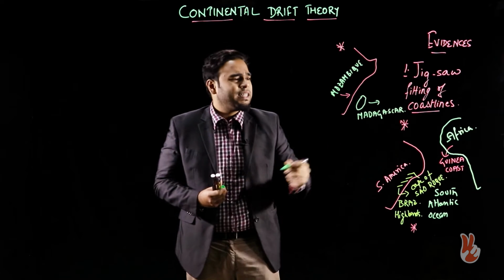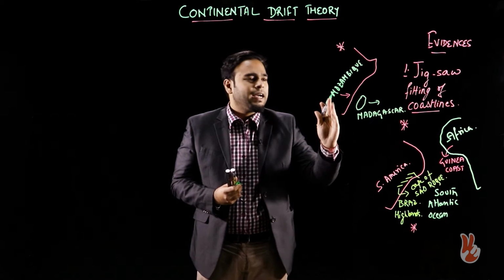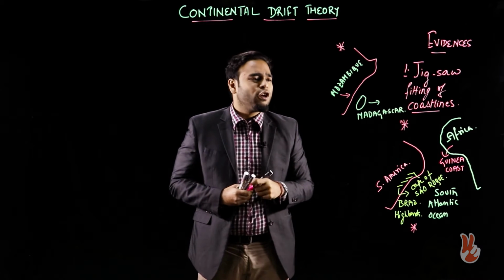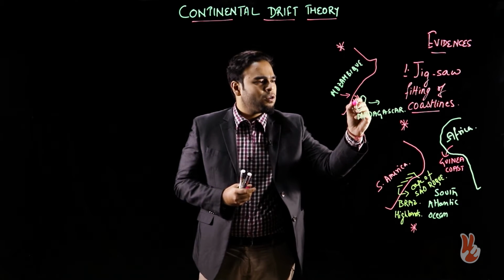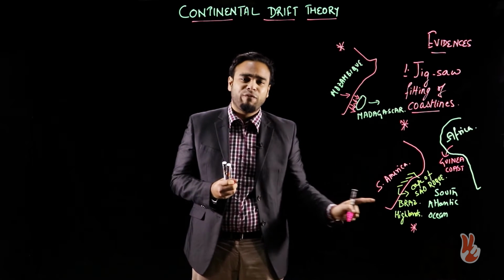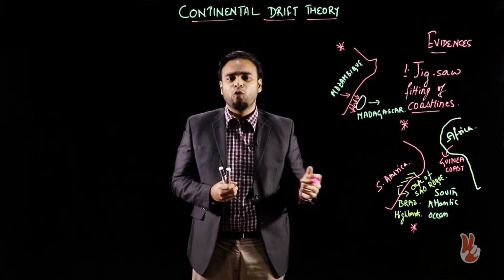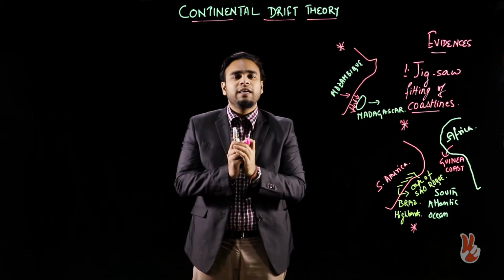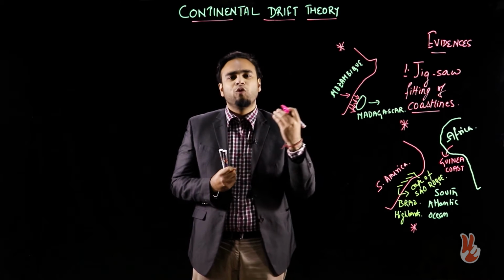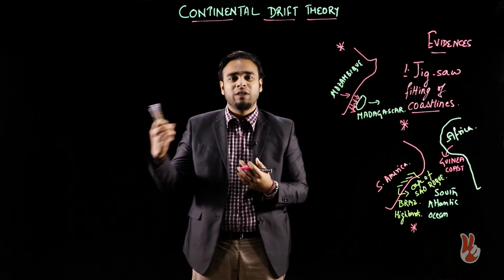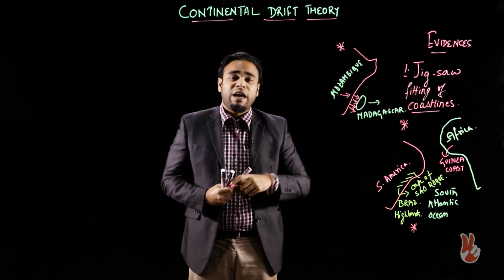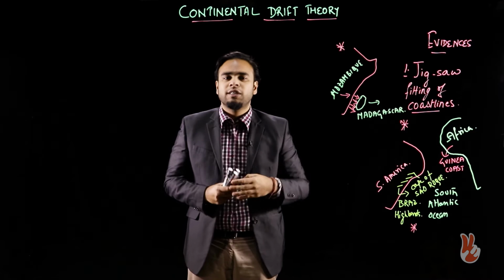Now if you look at the west part of Madagascar and the eastern part of Mozambique, he told that here too there is jigsaw fitting between these two land masses. So this was another example given by Alfred Wegener under jigsaw fitting of a coastline. As these two fit together, he said that these were initially part of the same continent, but as it was moving in the northward as well as the westward direction, they broke off from each other. Fine. So this is the first evidence that he gave in order to substantiate his theory.